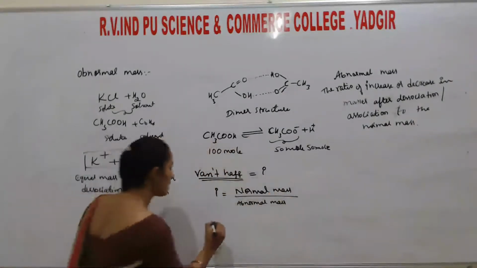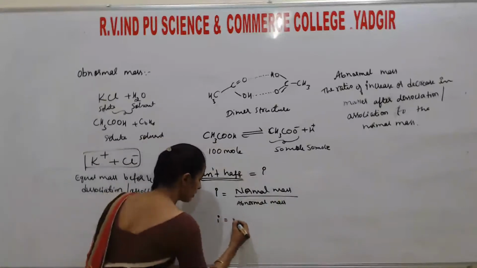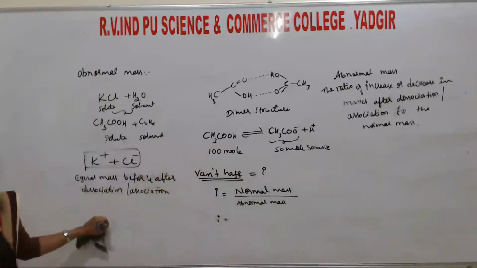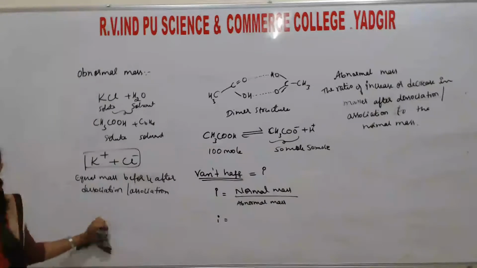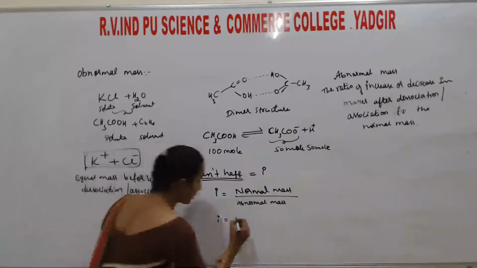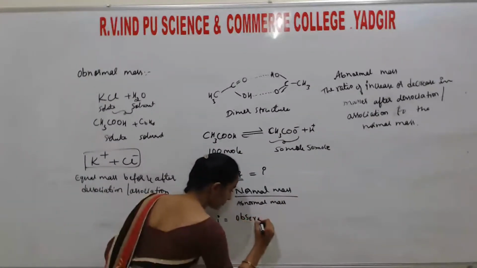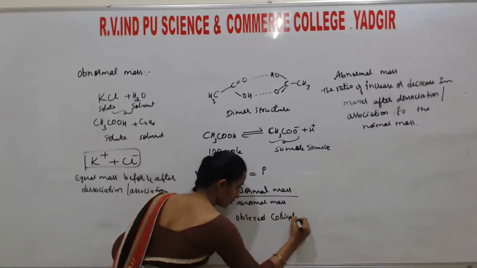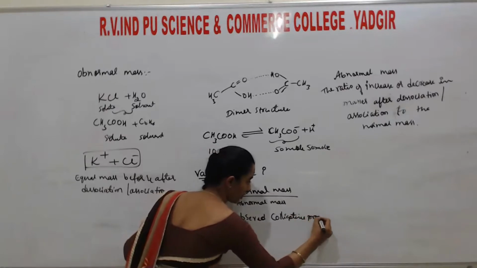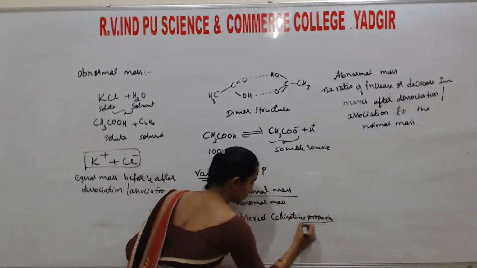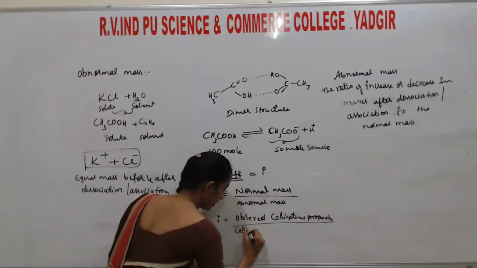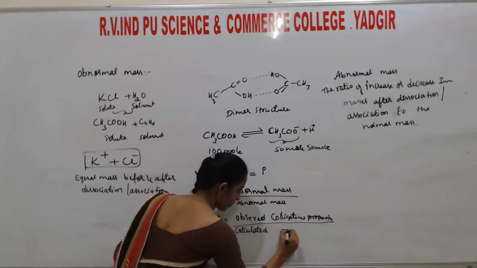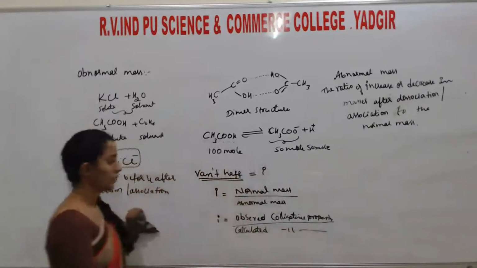Or you may also say i is equal to the observed colligative property divided by the calculated colligative property.